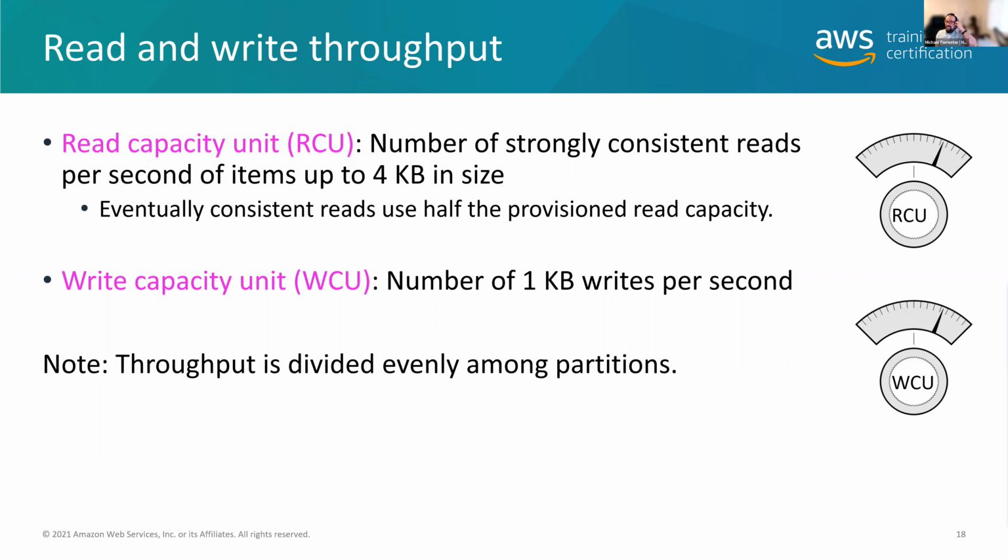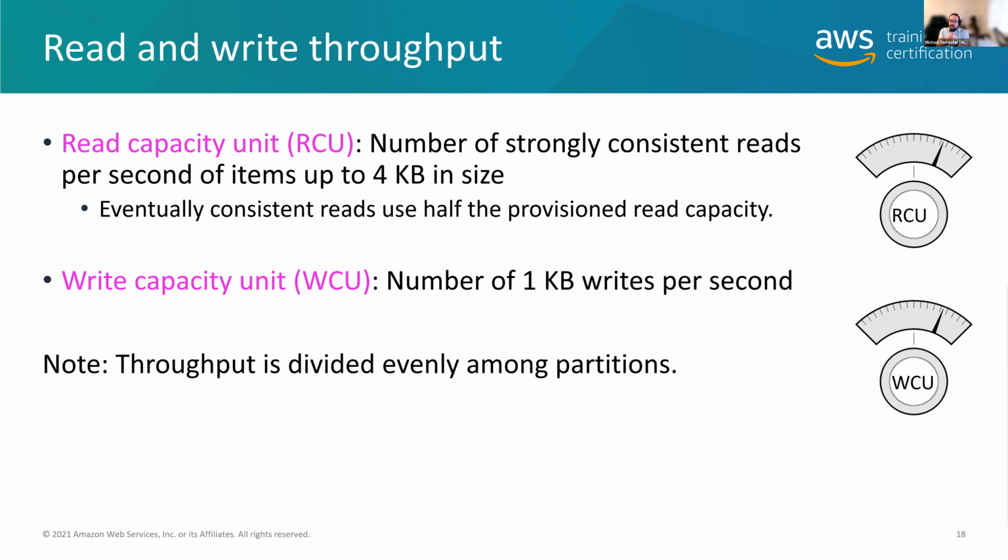But standard is that a read capacity unit is actually built for strongly consistent reads. So it's a 1-to-1 relationship. So if you do 1 strongly consistent read per second, you're going to eat 1 read capacity unit. If you do 2 eventually consistent reads per second, you're going to eat 1 read capacity unit. So it's interesting because eventually consistent reads can operate basically at double the speed of a strongly consistent read.